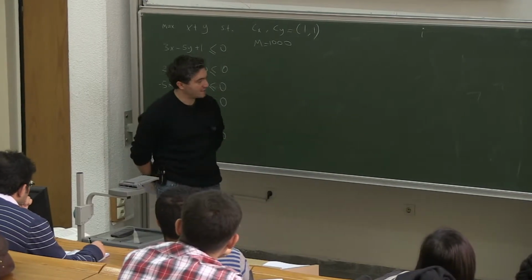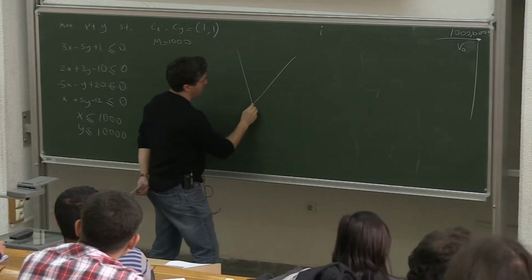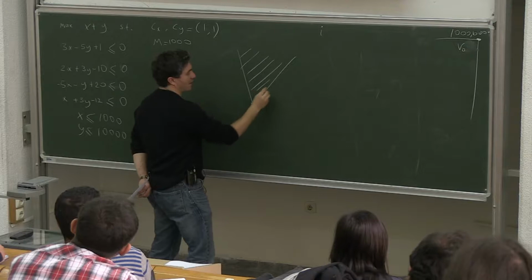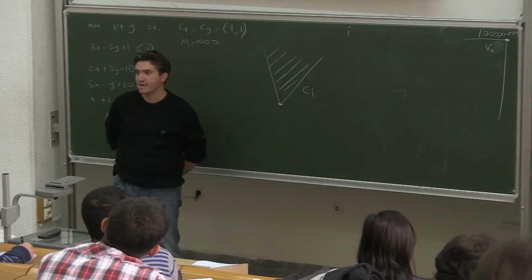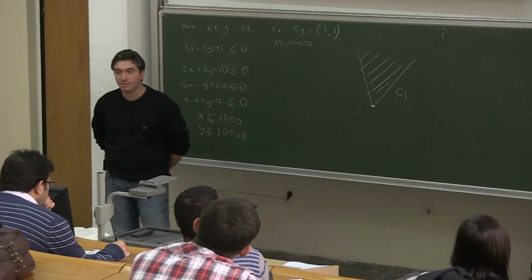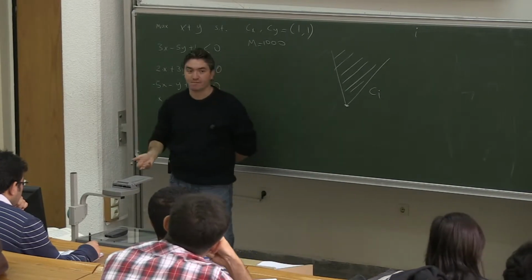Look at this case. If this was the vertex, this was the intersection at Ci. I'm going to denote Ci as the feasible region by considering the first I half planes.